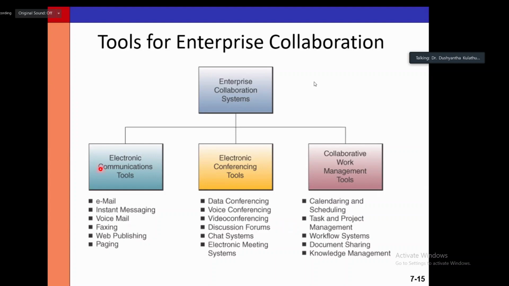So we can identify three types of tools which are used in enterprise collaboration systems: electronic communications tools, electronic conferencing tools, and collaborative work management tools. Some examples for each category are given here. For communications, we can use tools like email, instant messaging, voicemail, faxing, web publishing, or message posting.